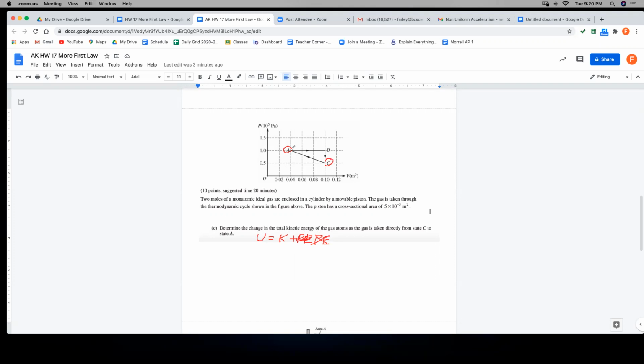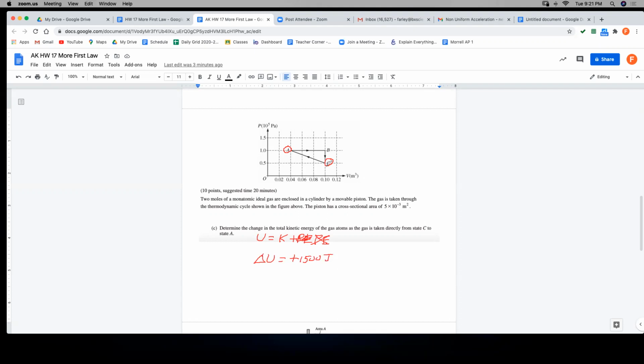Now, I remember in part B, part 2, we found the change in internal energy from A to C. From A to C, we found the change in internal energy was 1,500 joules. It increased by 1,500 joules.